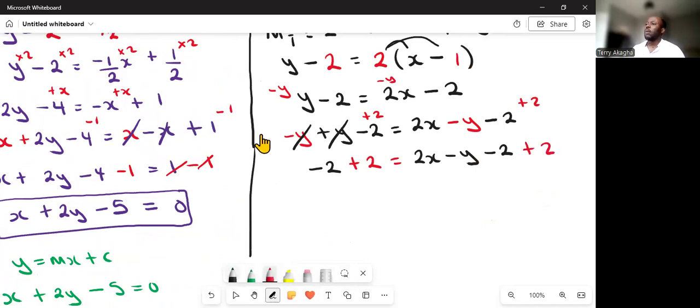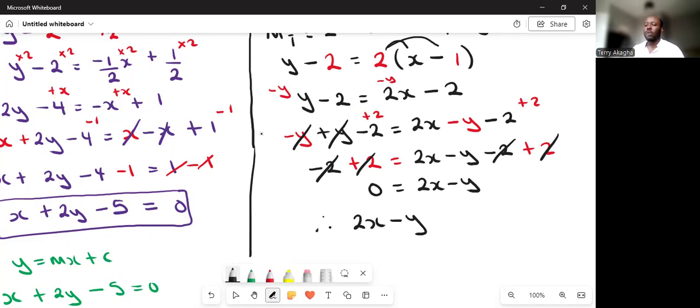The same thing, minus 2 will cancel plus 2, and minus 2 will cancel plus 2. So then we're going to have 0 equal to 2x minus y. Therefore, we can now say 2x minus y is equal to 0, and that will be the answer for the equation of the normal.